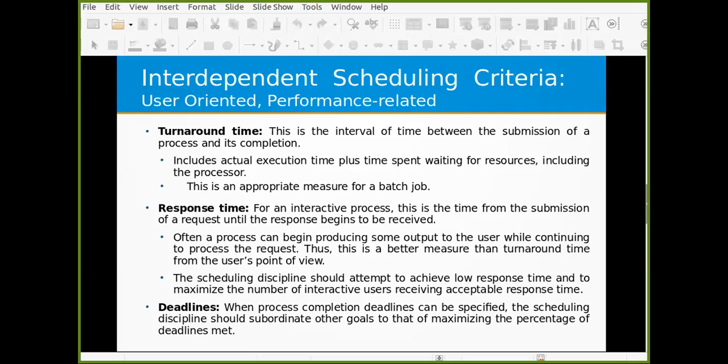Why is it an appropriate measure for a batch job and not for the interactive processes that we are using? Can you guess why?